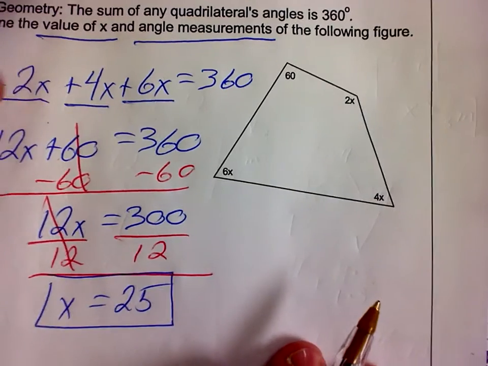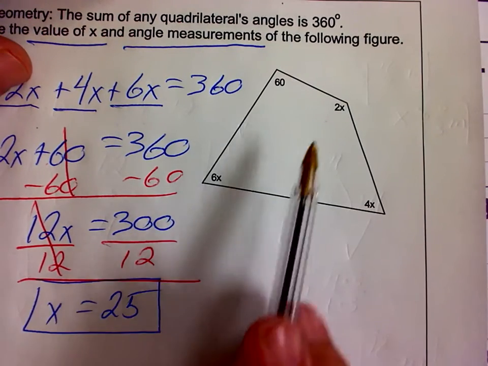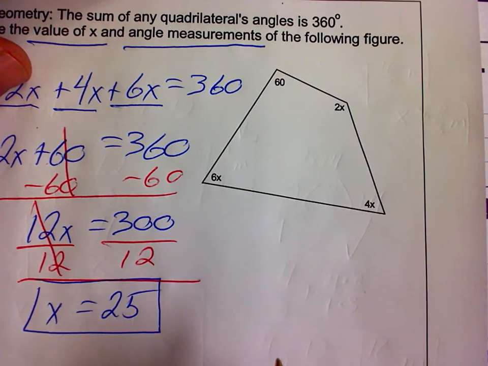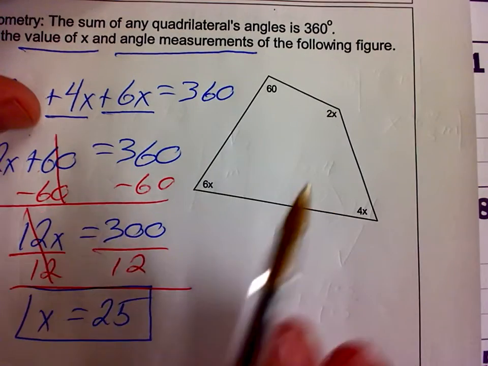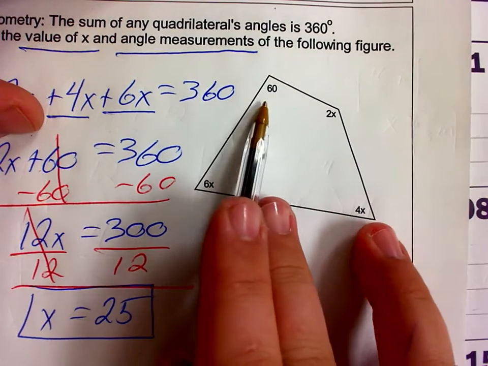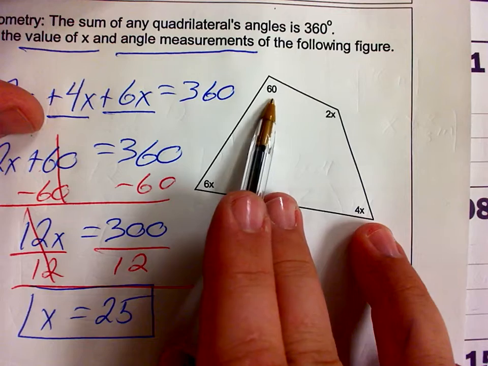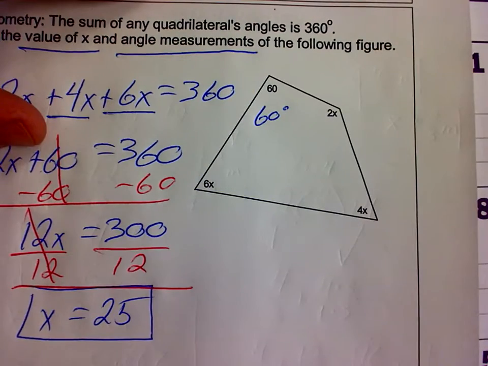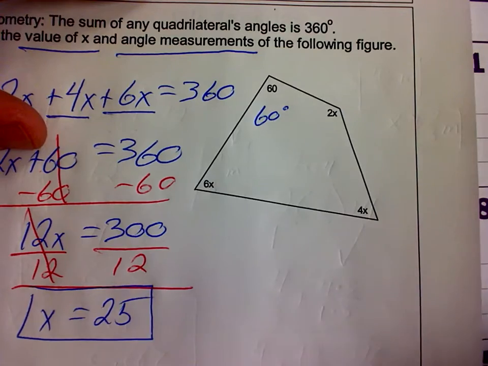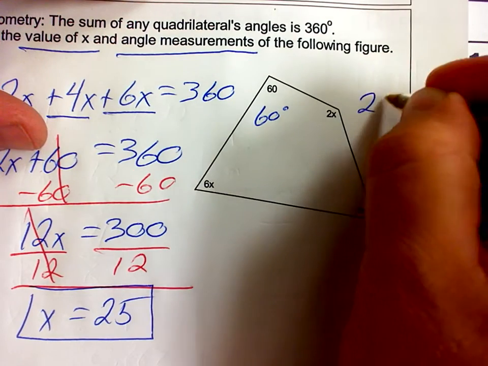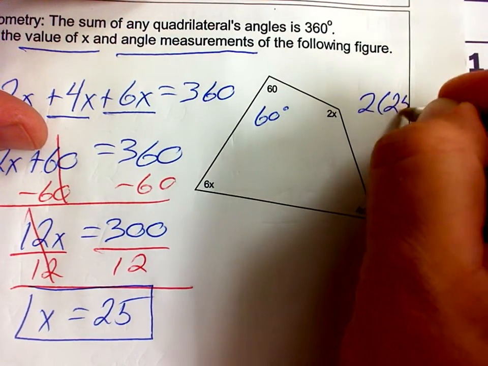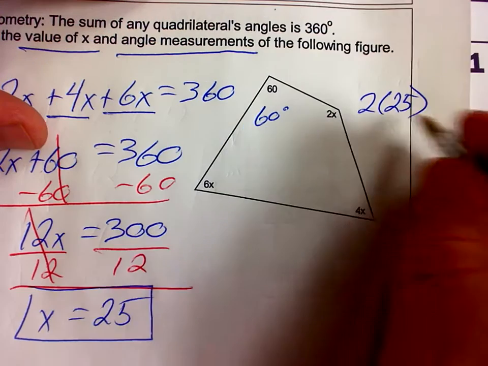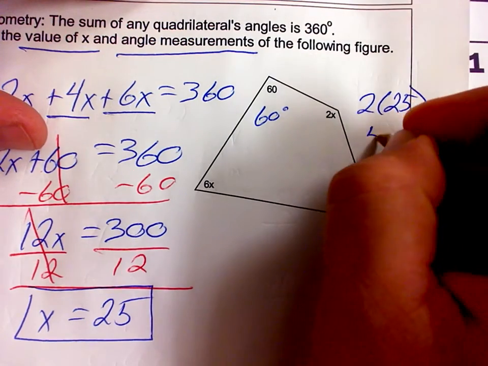Because all we need to do now, that's part of our answer, is plug in 25 everywhere we see an x. We do want to find all four angle measurements, and once again, a reminder, we only have that 60 right here. So 60 degrees is one of our angles. Now, if we plug 25 in for 2x, we're going to have 2 times 25, so that's going to be 50.